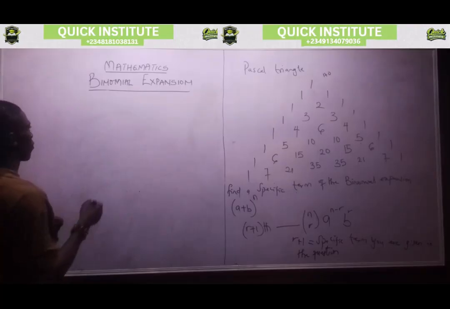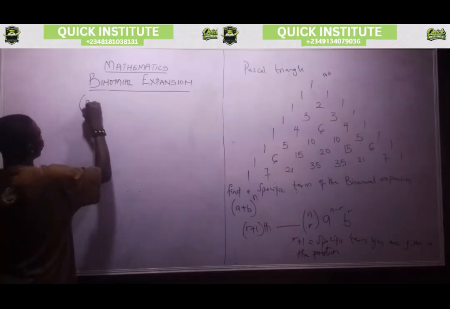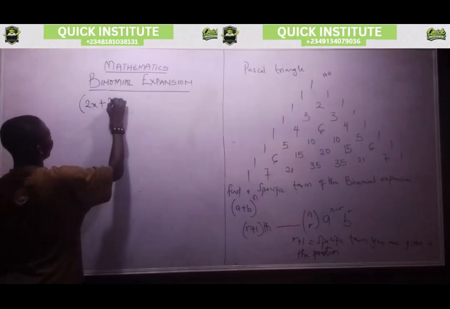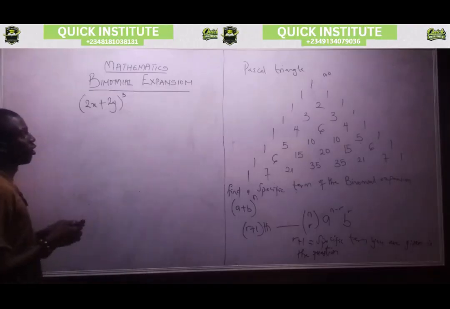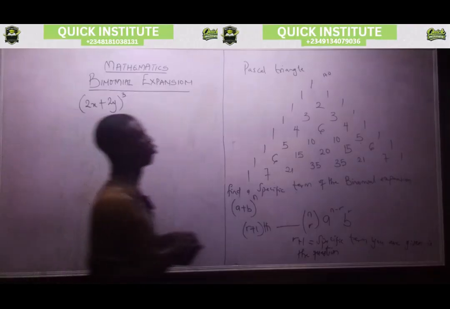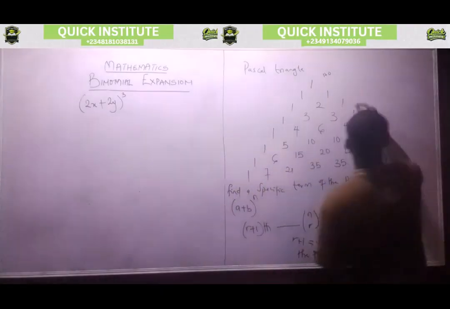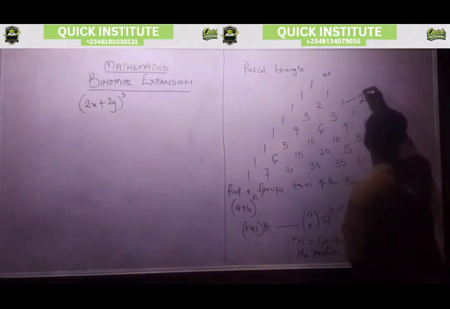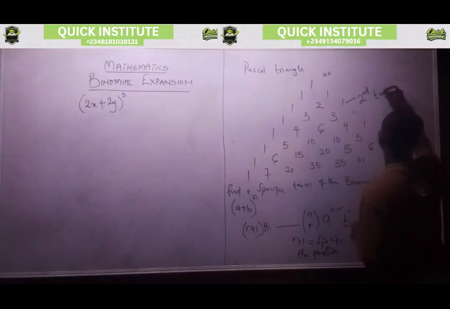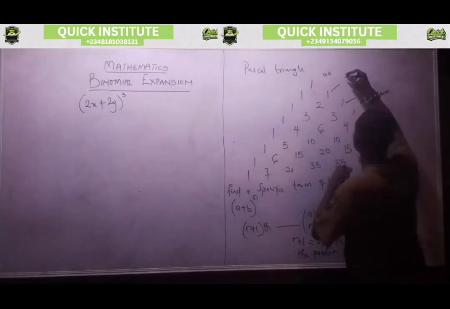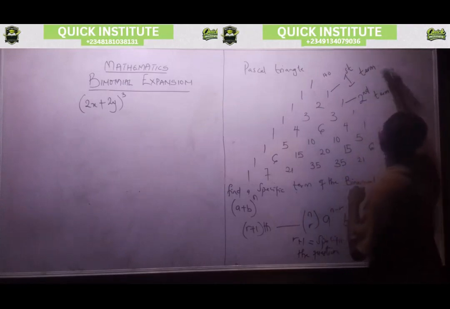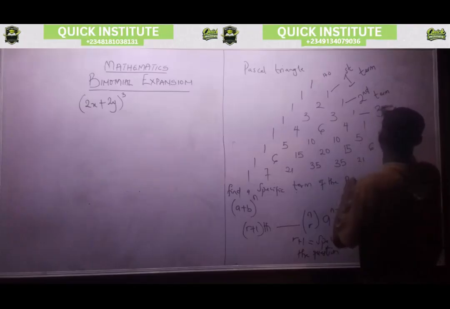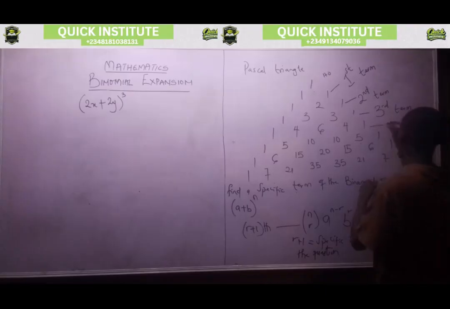So now let me give you 2x plus 2y, with this power 3. From your Pascal's triangle, this is your first term, this is your second term, this is your third term, and this is your fourth term.